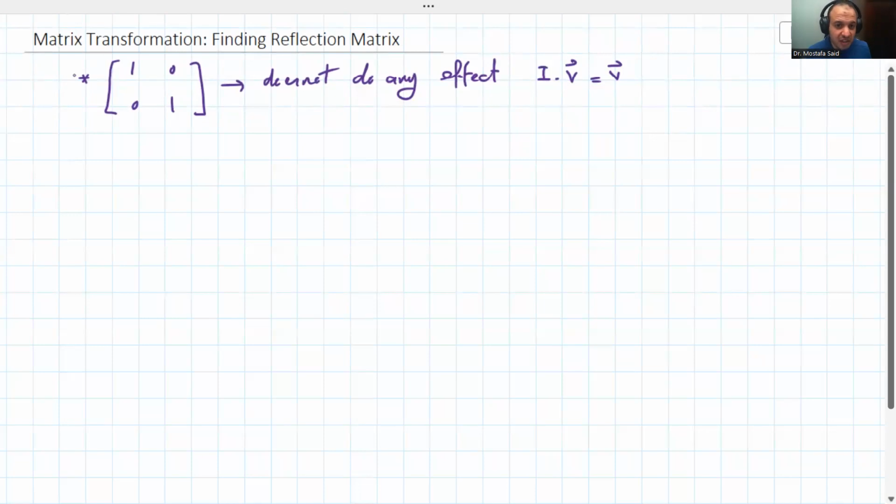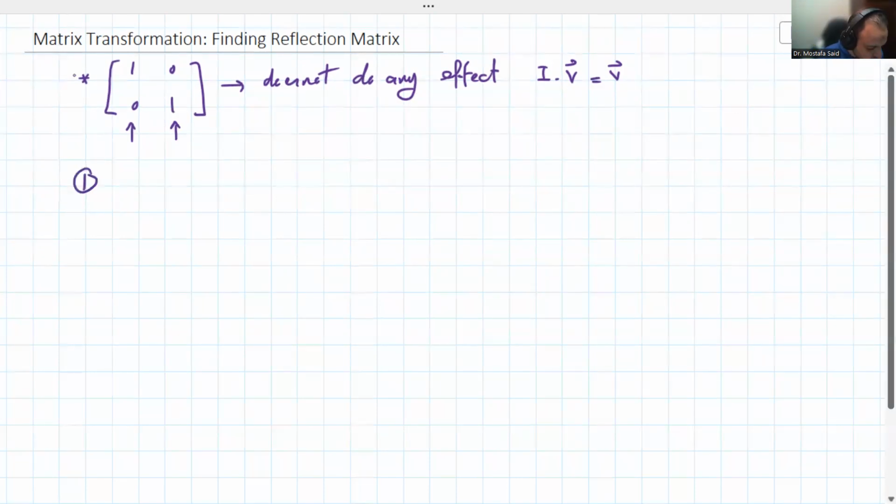It will not be reflected or rotated; it will stay in the same place. But the identity matrix has two columns. So whenever we want to reflect about any condition, we reflect these two columns, and this will give us the reflection matrix required to make the transformation.